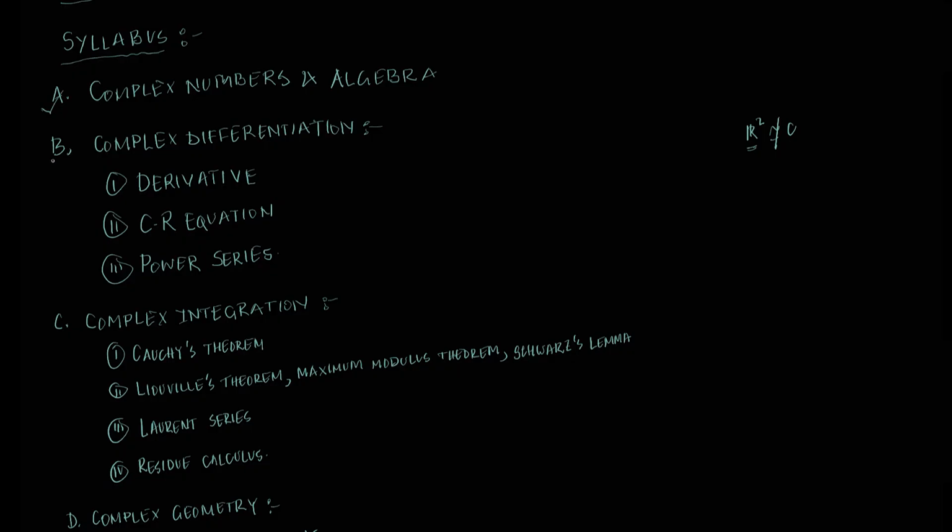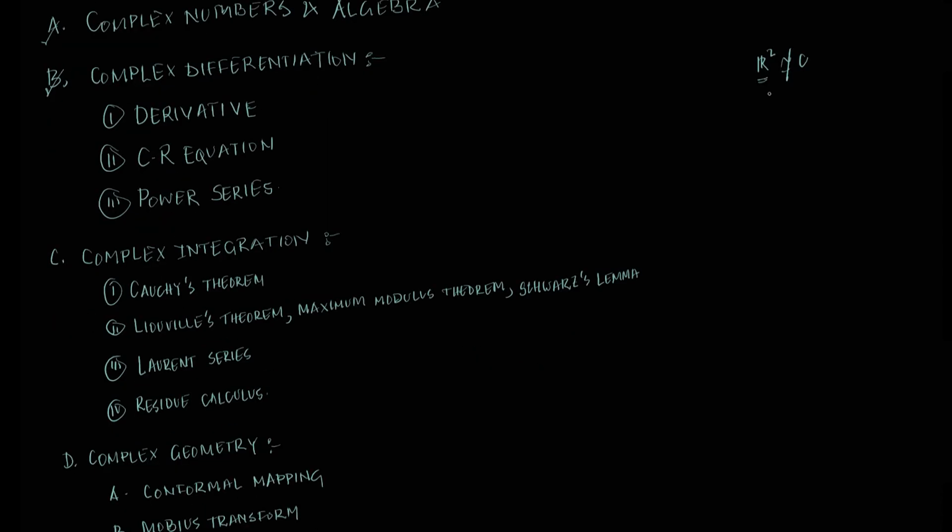Okay, the second part we will talk about differentiation. This is where we will see that the complex multiplication plays a huge role, and this is where the theory of R2 and C becomes totally different. So we'll talk about the concept of derivative. There is something called the CR equation.